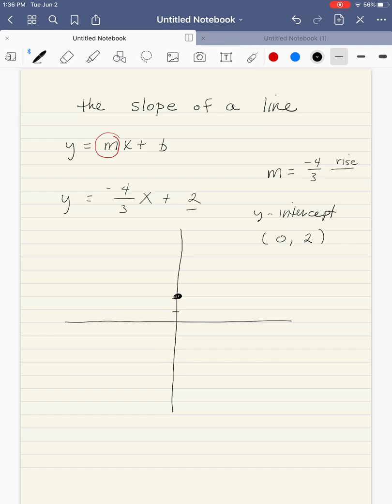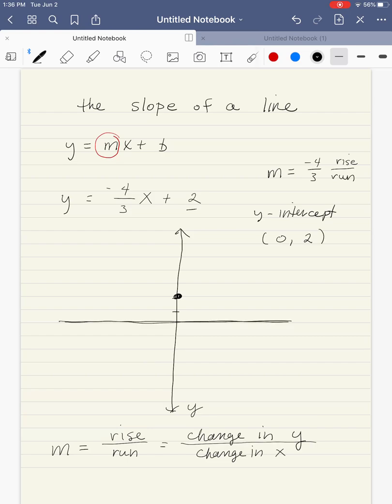and then the negative 4/3, if we think of this as rise over run. So we have that our slope is rise over run, which means the change in y, because y goes up and down on the y-axis, over change in x, because x goes side to side on the x-axis.